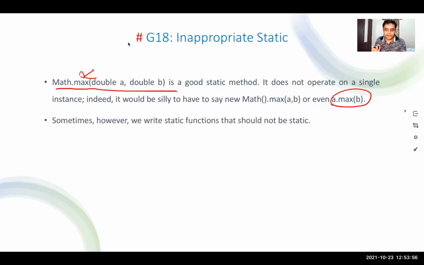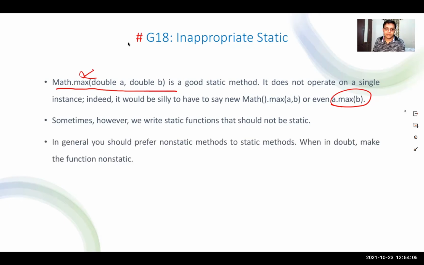However, when we are writing static things, we need to take care whether we really require it to be static, or we are just assuming that it should be static. In general, you should prefer non-static methods. When in doubt whether to use static, don't make something static just for the sake of it.